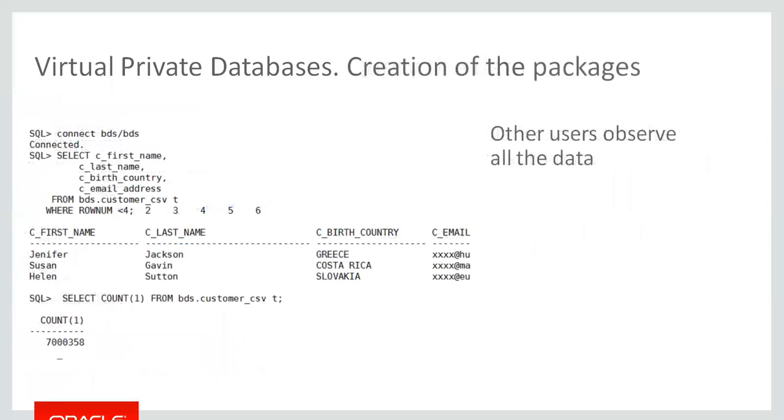And if a super user connects, he could find all the data. Like when I connect as Big Data SQL, I could see users from Slovakia, from Greece, from Costa Rica, from everywhere. I also would like to point out that you are working with HDFS data or NoSQL database data.